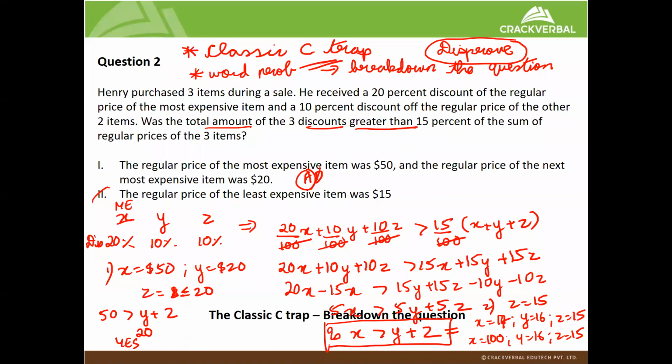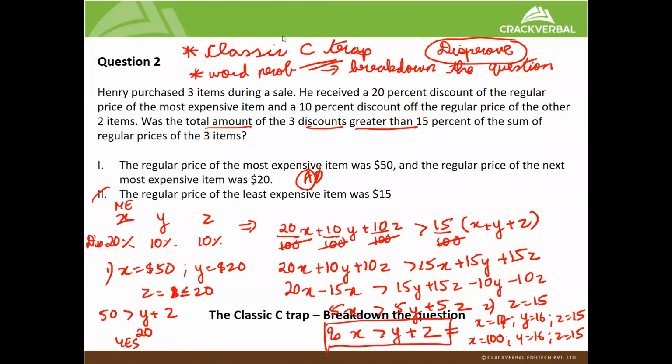You always try to disprove. You always try to contradict, right? Whatever initial answer the first statement gives you. Third, whenever you have word problems, it always makes sense to break down the question using algebra and then rephrase the data sufficiency to a much simpler form.